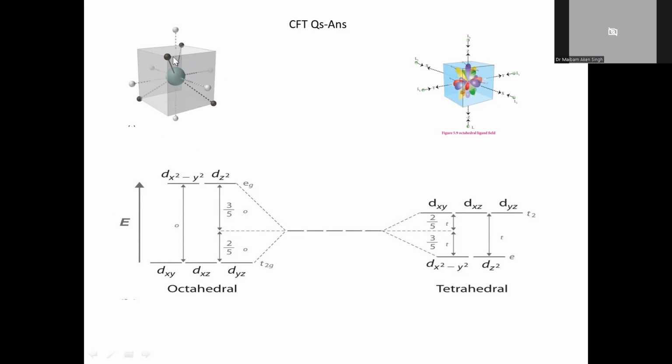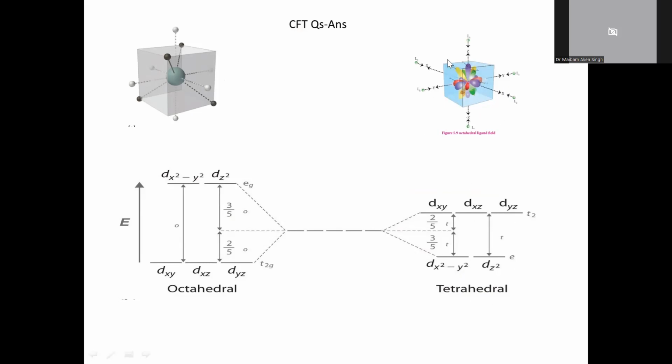The dark spot represents the ligand. In the case of tetrahedral, the ligand and the approaching direction are not in the same line, that is, deviated. But in octahedral, the approaching ligand and the axis are in the same line.